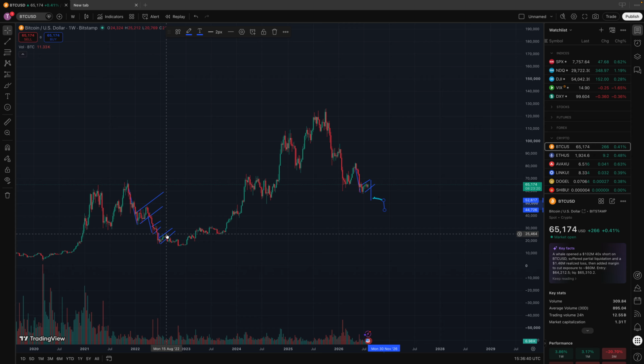Well, it doesn't sound like a lot now, but at that time, it was probably about another 40% from here. So assuming Bitcoin has another 40% drop, okay, from the 65,000 level, 66, 67,000 level, 40% would be about $13,000, right?